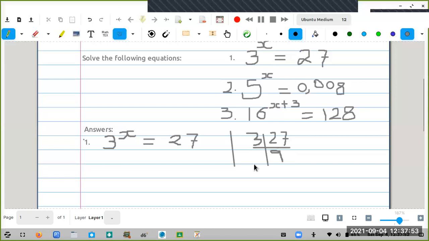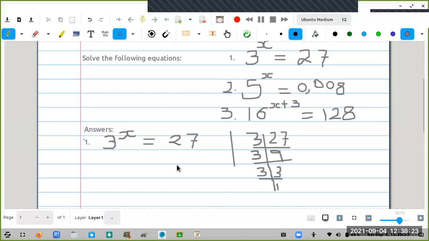Then the next prime factor for 9 is 3, which means 3 into 9 gives 3. Sorry for my poor handwriting. Then the next prime factor is again 3, which means 3 into 3 gives 1. So you can see that we are multiplying 3 three times.